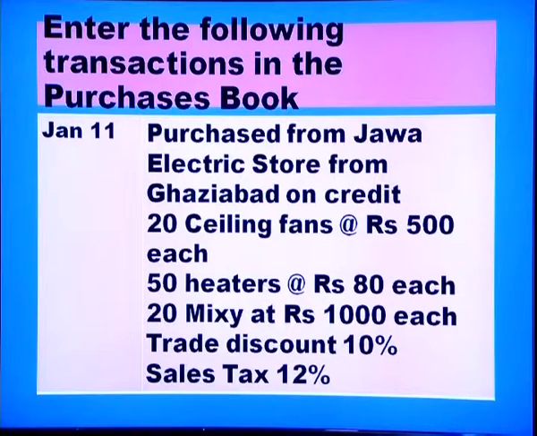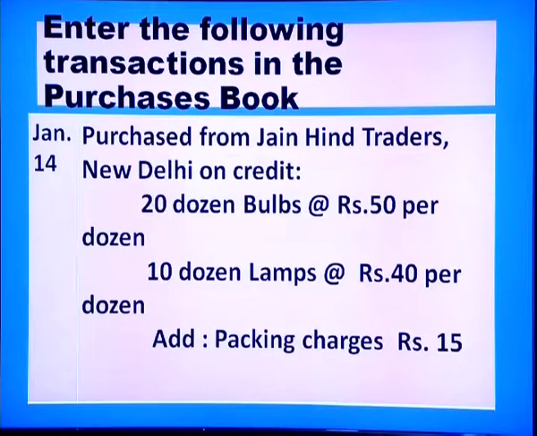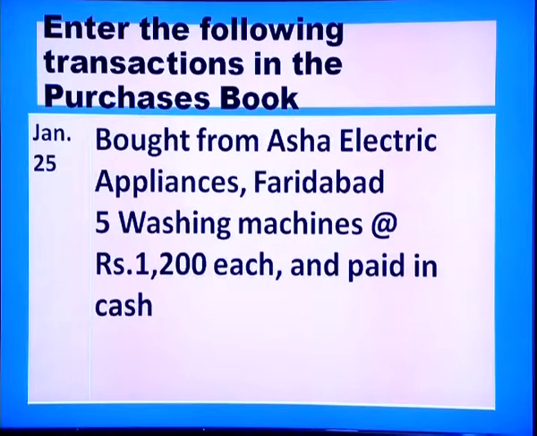Next, we purchased on January 11th from Java Electric Stores, in Ghaziabad, on credit 20 ceiling fans at rupees 500 each, 50 heaters at rupees 80 each and 20 mixies at rupees 1000 each. Trade discount is given, and sales tax is given in the question. Similarly, purchases from another trader and details are also mentioned.